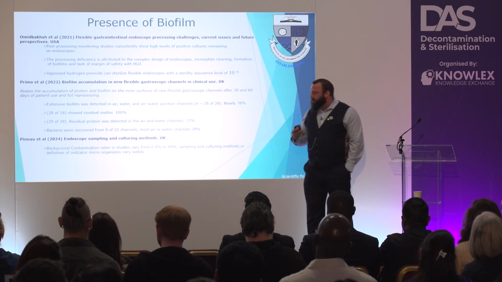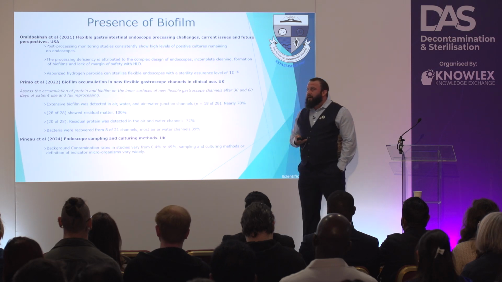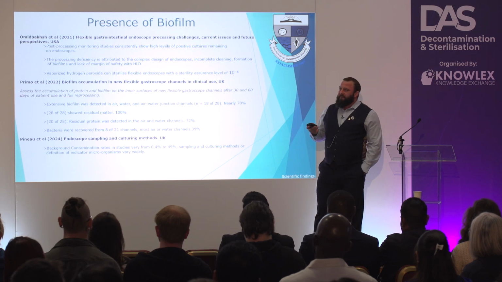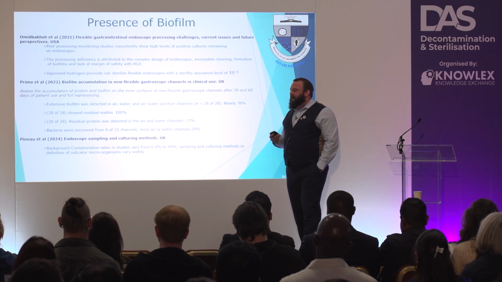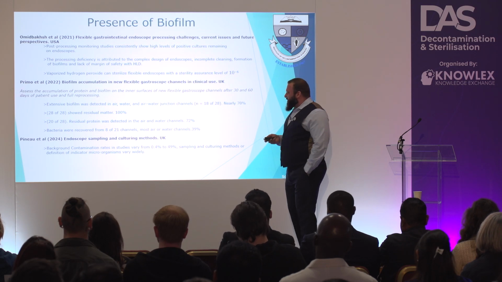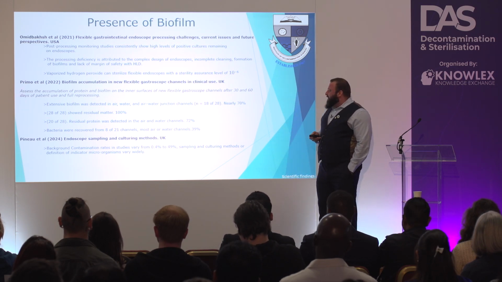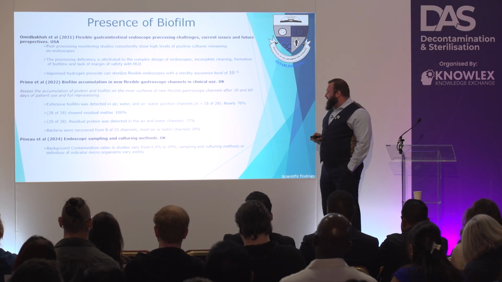So Lionel Pinu is part of Eurofins. They've been working on the sampling, and he's currently leading the ISO draft for micro-sampling of endoscopes. It's due to come out hopefully next year. Background contamination rates and studies vary from 0.4 to 49%.